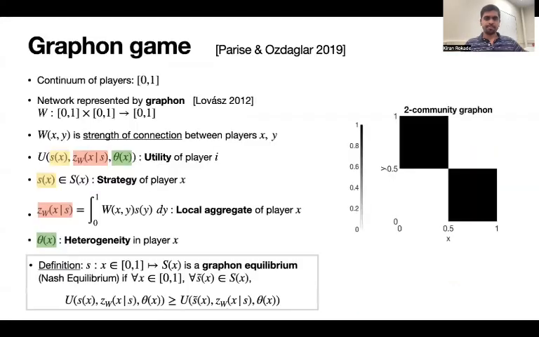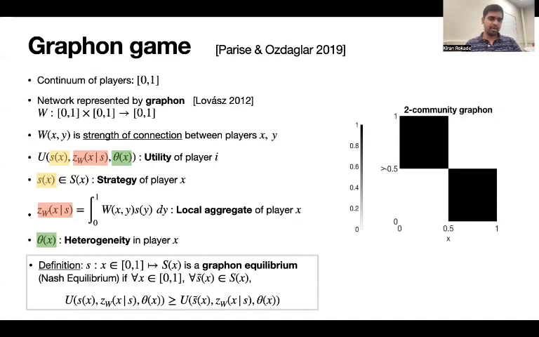So what is a Graphon game? A Graphon game consists of a continuum of players denoted by the interval [0, 1]. And just like an adjacency matrix, here you have a Graphon, which is a function on the unit square. You can interpret a Graphon as a function which denotes the strength of the connection between players.